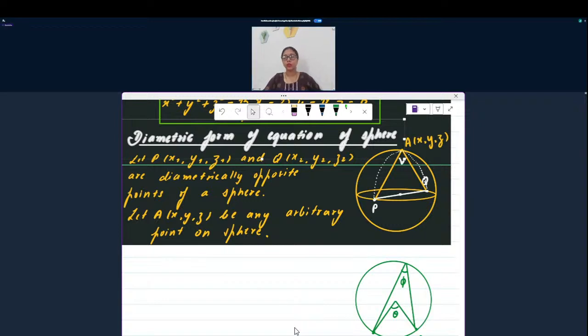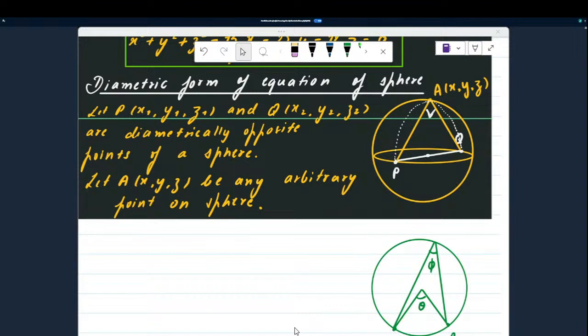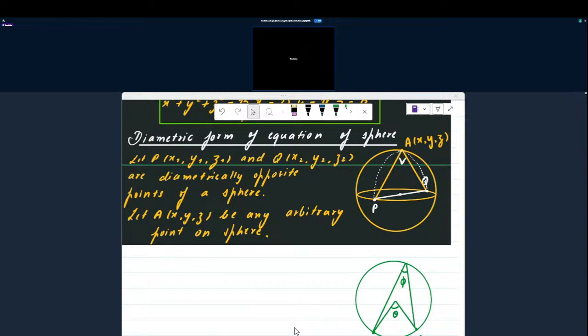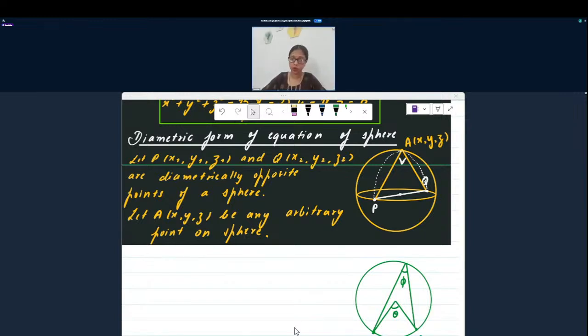Now, how is this going to help us? You see, I have taken a random point x, y, z on the sphere, which is x comma y comma z.